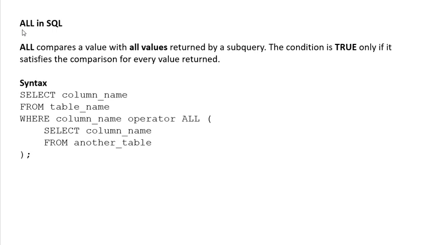Another command in SQL is ALL. ALL compares a value with all the values returned by the subquery, and the condition is true only if the comparison is satisfied for every value returned.